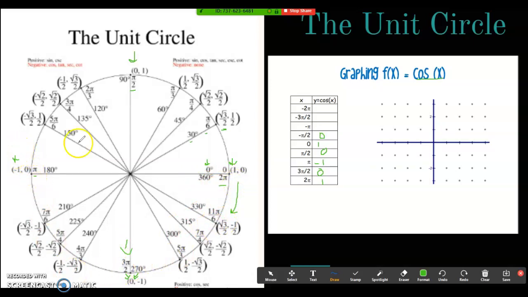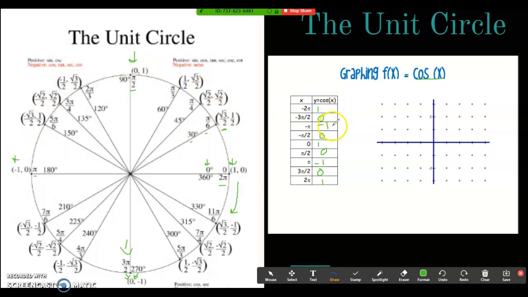And I know the x coordinate is -1. At negative 3 pi over 2, again, go down all the way around negative 3 pi over 2. And that would take me here. The x coordinate is 0. And then negative 2 pi, you go all the way around a full circle in the opposite direction. And I know the x coordinate is 1.